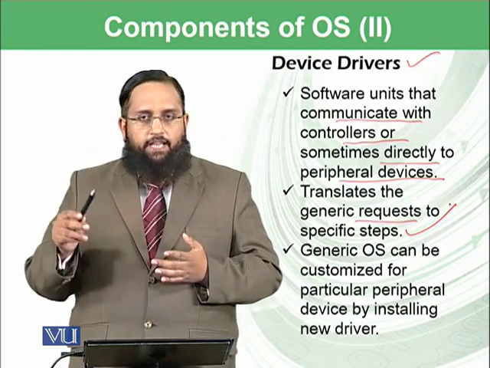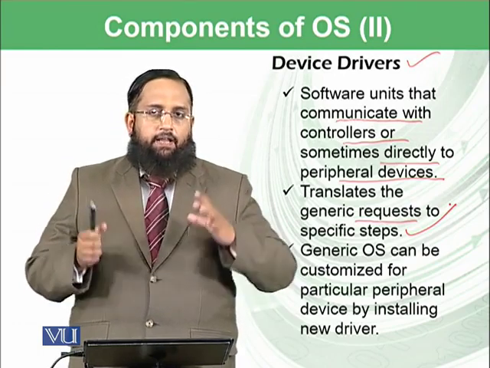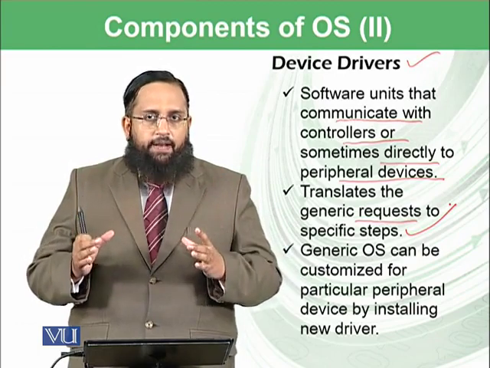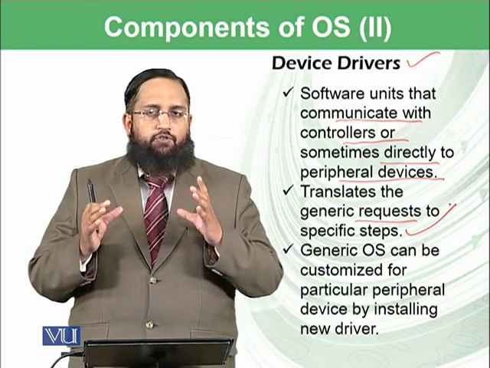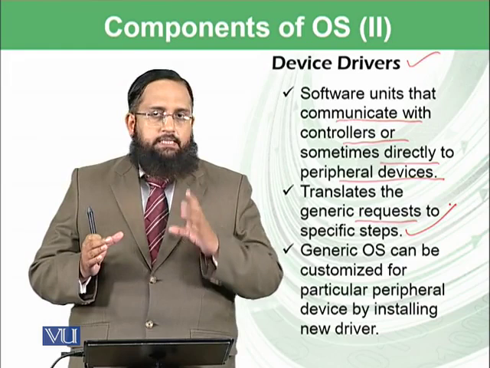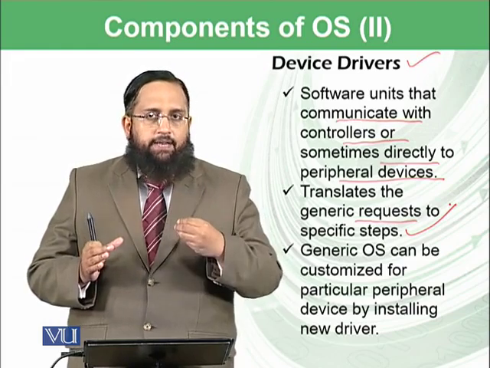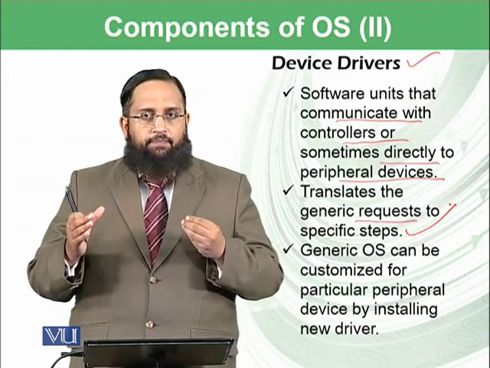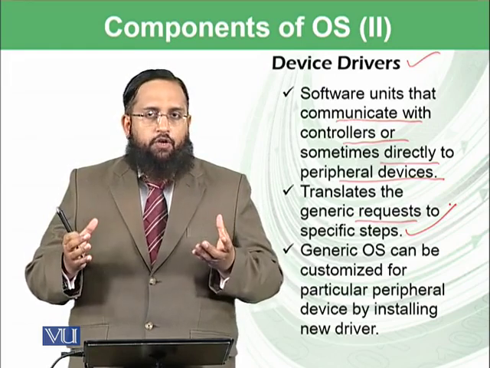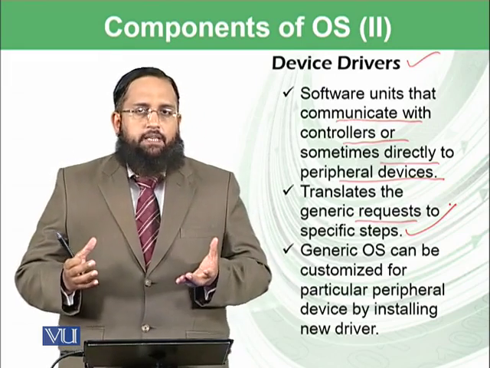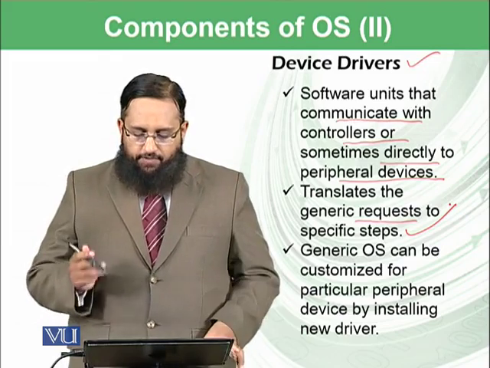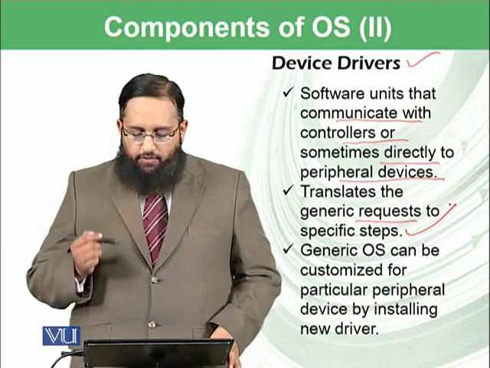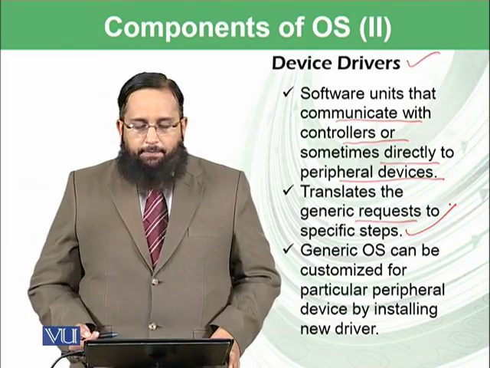And after checking all of these things, the document which you want to print is sent in certain bytes to the printer in a certain format. All of these activities are done by the device driver, which translates your generic request to specific steps.